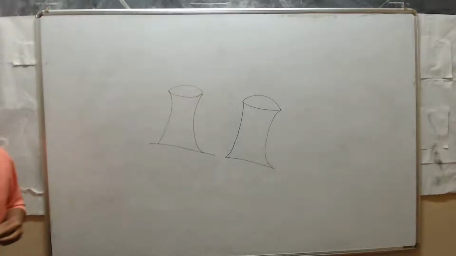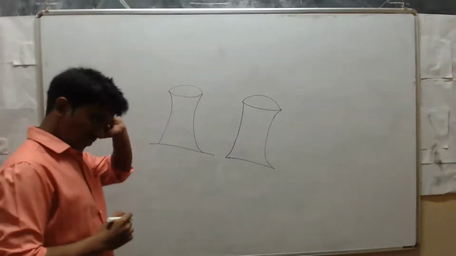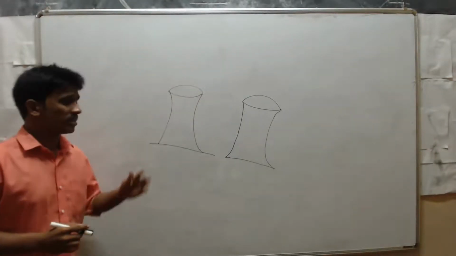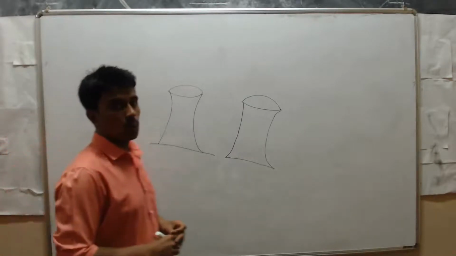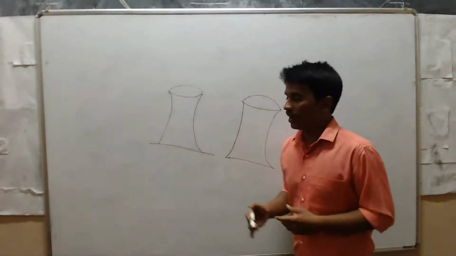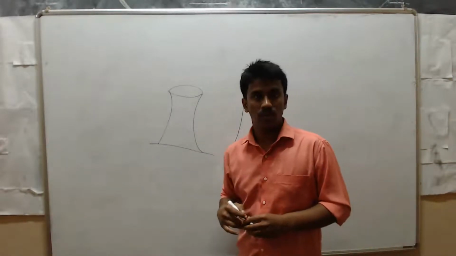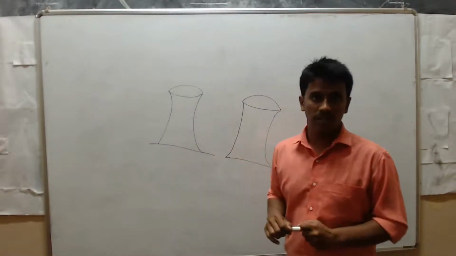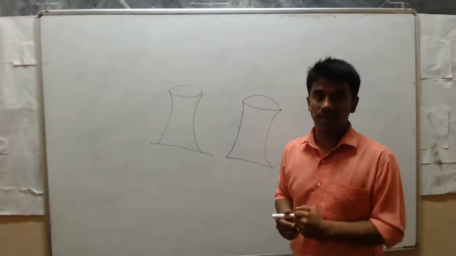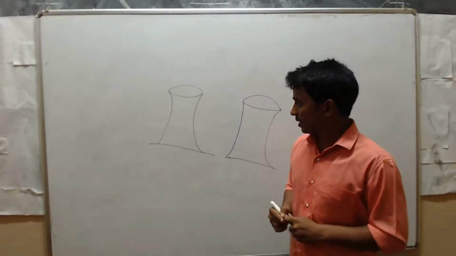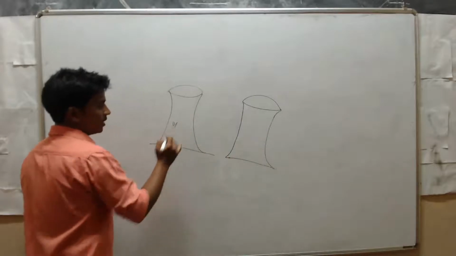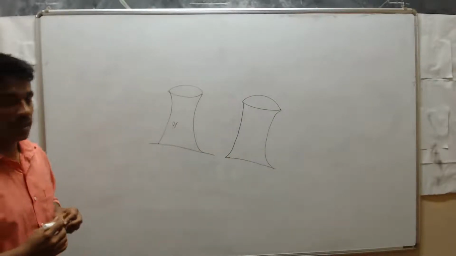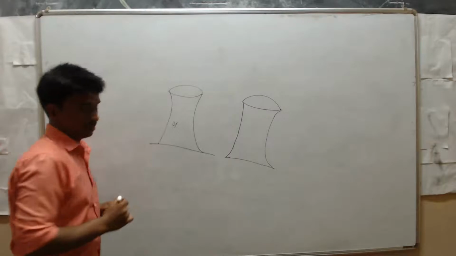See here, in a thermal power plant there are some sections. First one is the coal section, where they store coal. Then these are boilers, where we burn that coal.